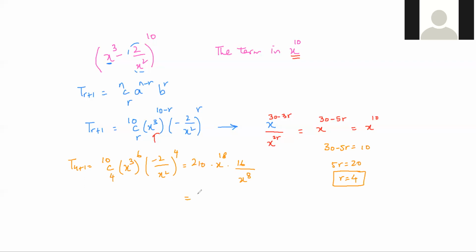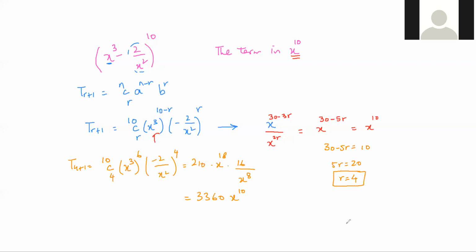When you simplify this, you get 3,360 x raised to power 10. So the term in x to the power 10 is 3360 x raised to power 10.